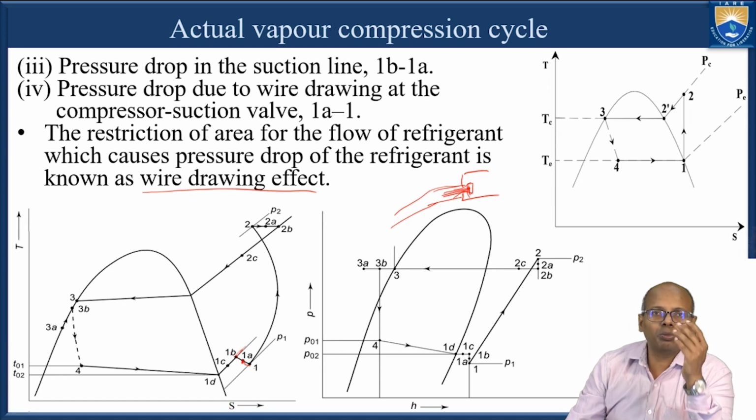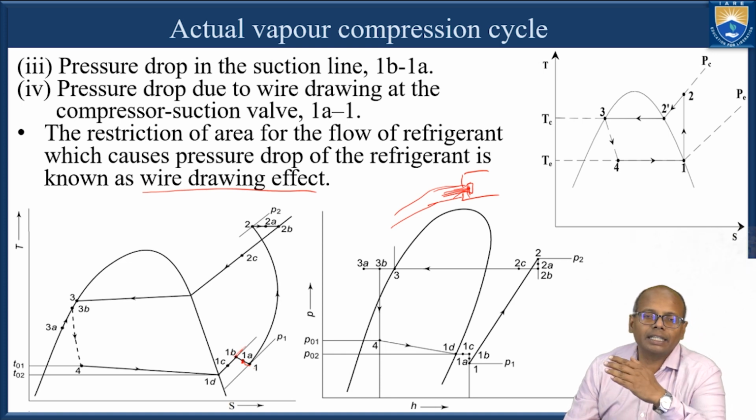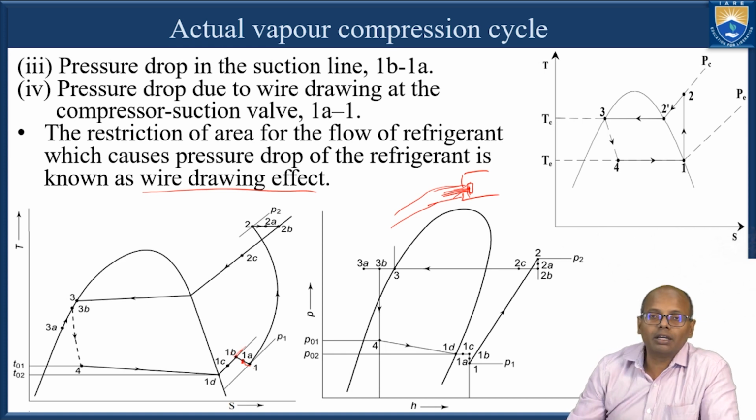So there are two pressure drops, one in the suction line and one at the suction valve of the compressor, and that is due to the wire drawing effect experienced by the fluid entering the compressor through this suction valve. So this is at the inlet of the compressor.